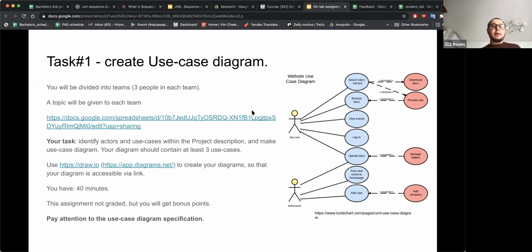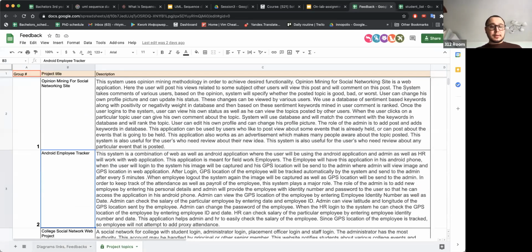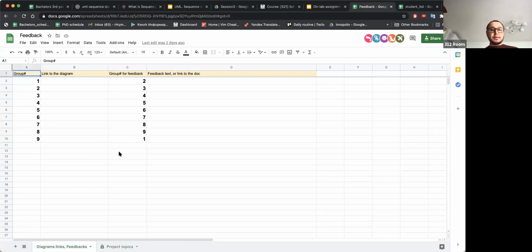Please use draw.io or similar to create your diagrams, so that your diagram is accessible via link. In the first tab of the spreadsheet, you have to put the link to the diagram. I'm not sure how many teams.